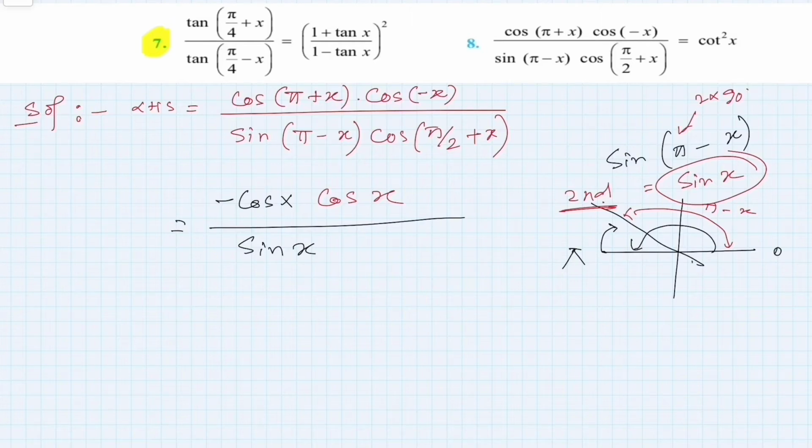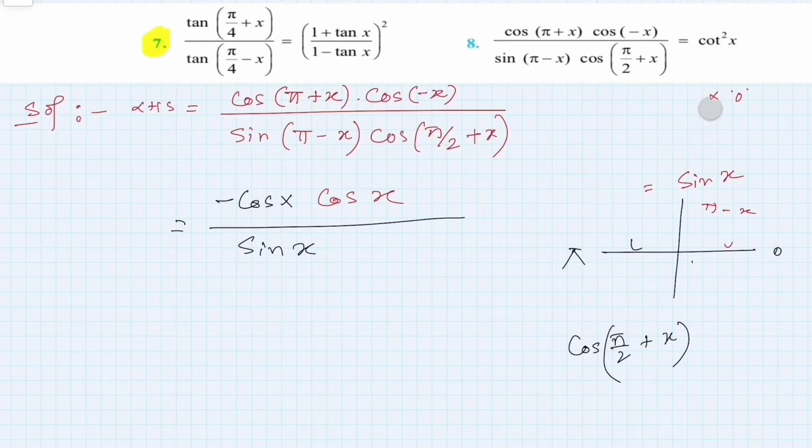And cos(pi/2 + x). What will be its value? Let us again apply the ASTC rule here. From here to there this angle is pi by 2, that is 90 degrees, plus something, so it must lie in the second quadrant where sine is positive but not cos, and here it is cos.